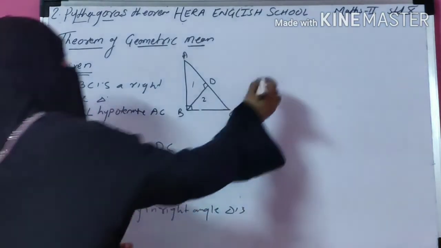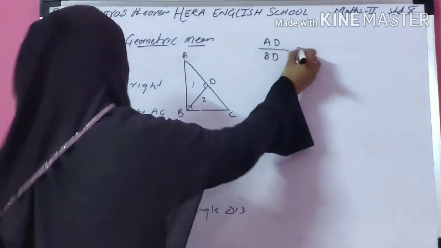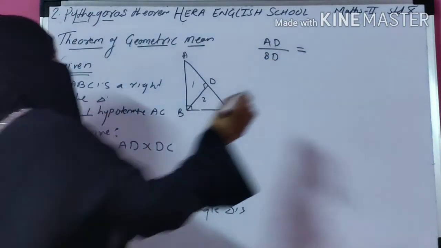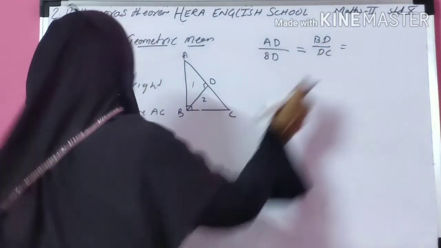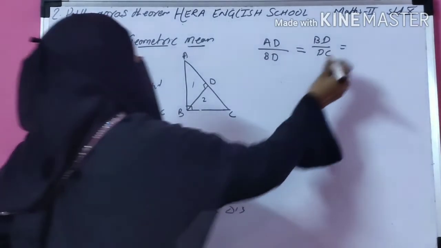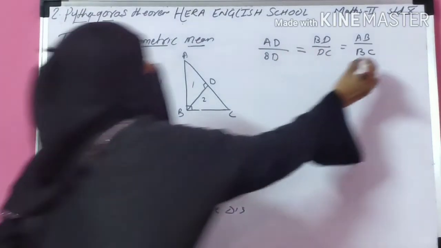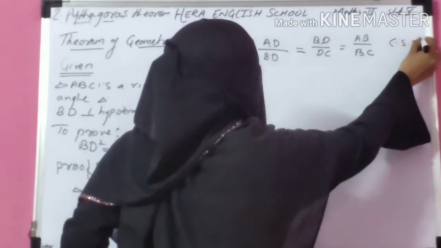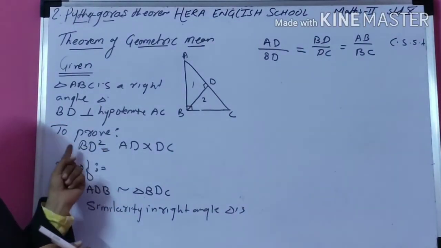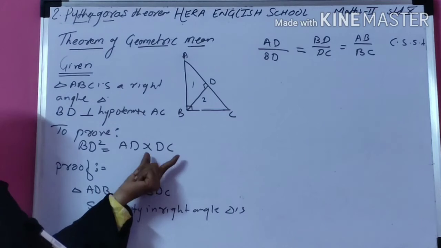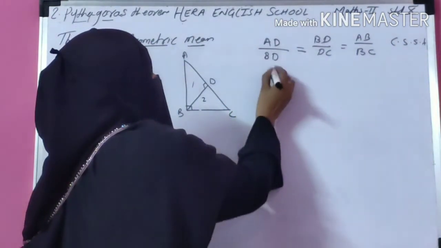So write the corresponding sides. First, second: AD upon BD. Second, third: BD upon DC. Now first, third: AB upon BC. These are the corresponding sides of similar triangles. Out of these three ratios, we require BD square. We have to prove BD square is equal to AD into DC, so we require only these two ratios.